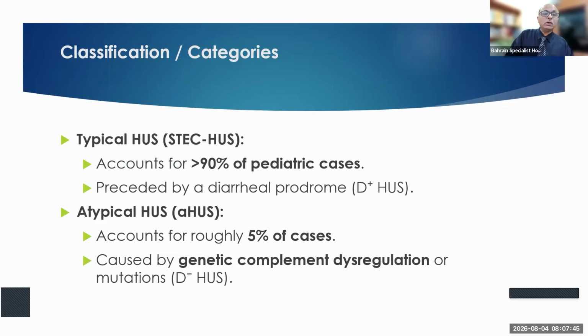Typical hemolytic uremic syndrome is caused by Shiga toxin producing E. coli, accounting for more than 90%, some reports say up to 90 to 95% of pediatric cases. It will be preceded by a diarrheal prodrome. Atypical HUS will not have diarrhea; it accounts for roughly 5 to 7%, and there will be a genetic complement dysregulation or mutation.